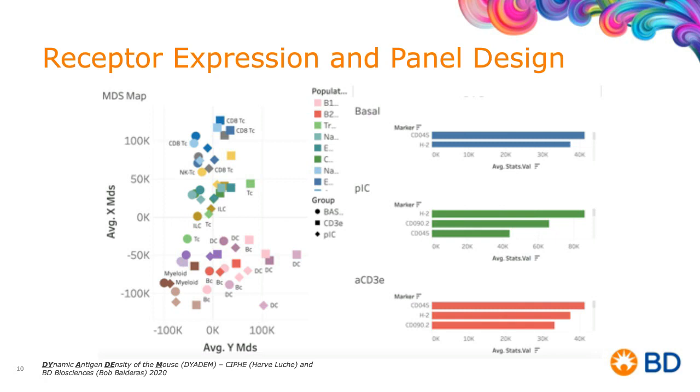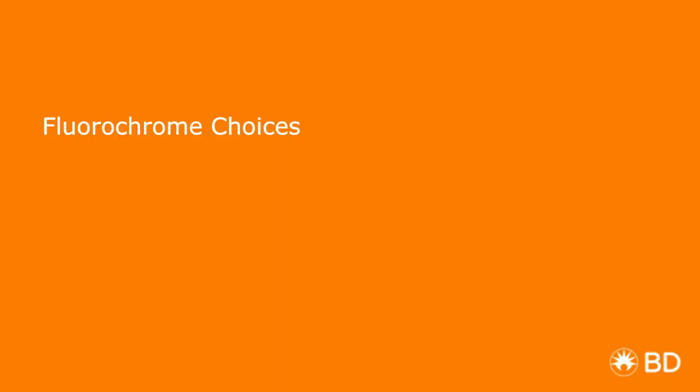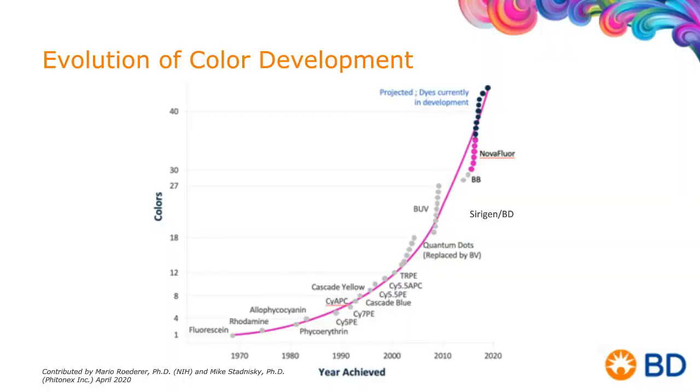Now, another area of focus is on the choices we have for the colors. And I borrowed this slide from Mike Stadniski and from Mario. It's been a slide that we've been using for maybe the last 6 or 7 years to tell the story.